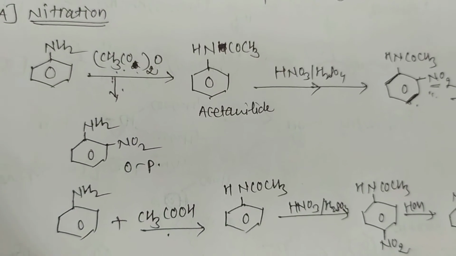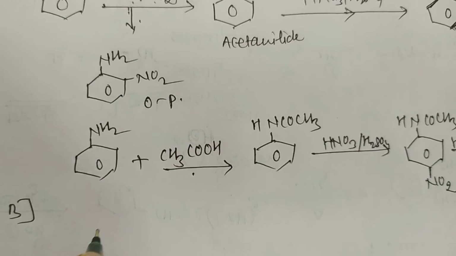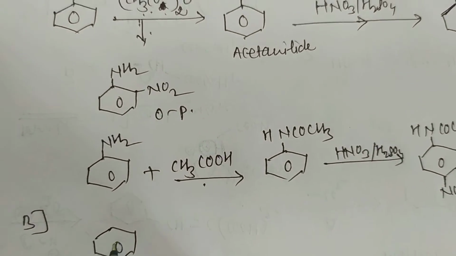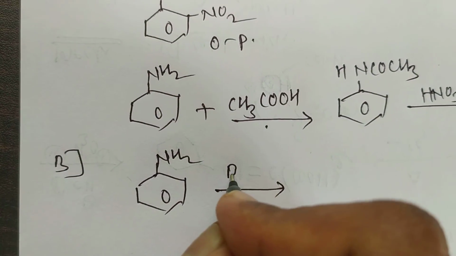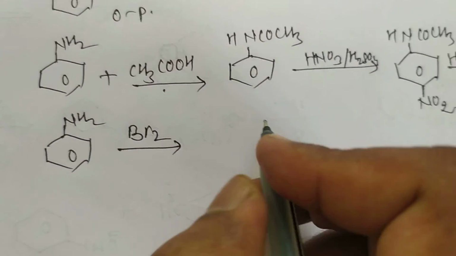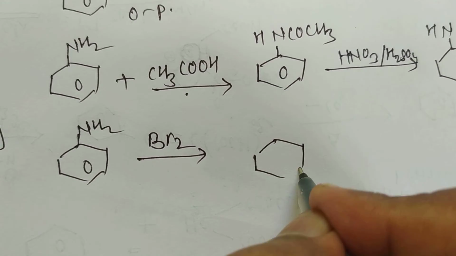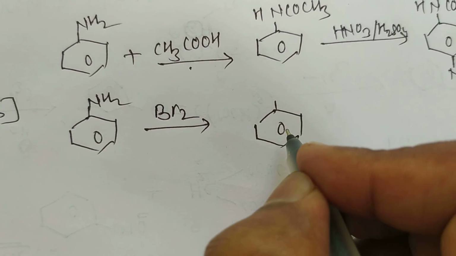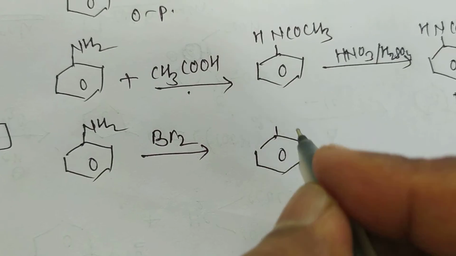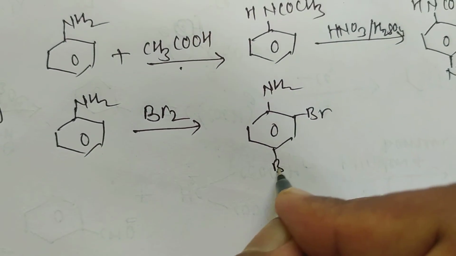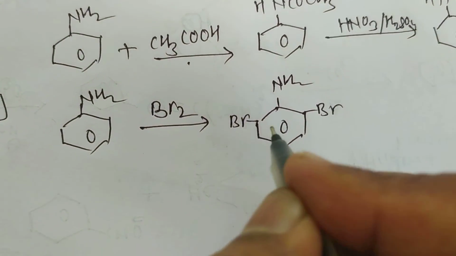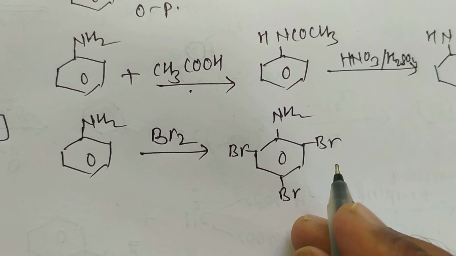Then the next reaction is bromination. When aniline undergoes bromination in presence of Br2, then we can obtain 2,4,6-tribromoaniline, means aniline with Br here, here and here, means 2,4,6-tribromoaniline.